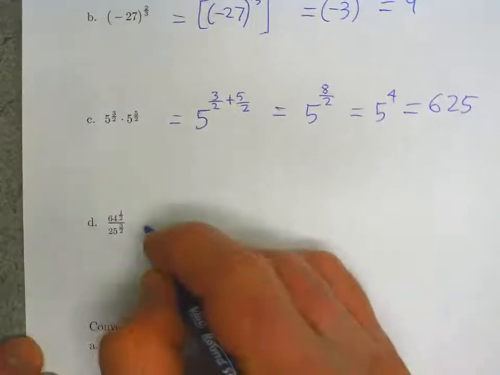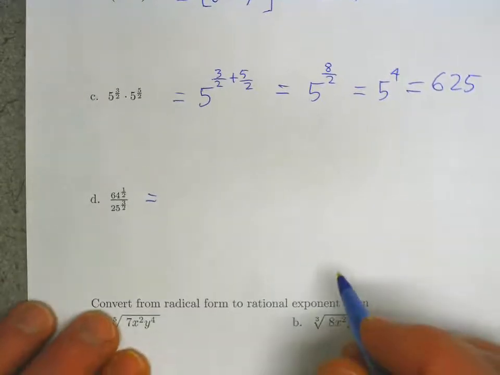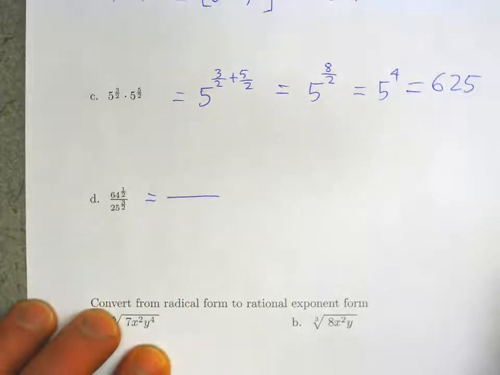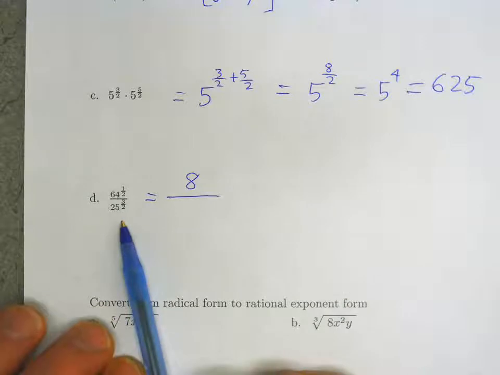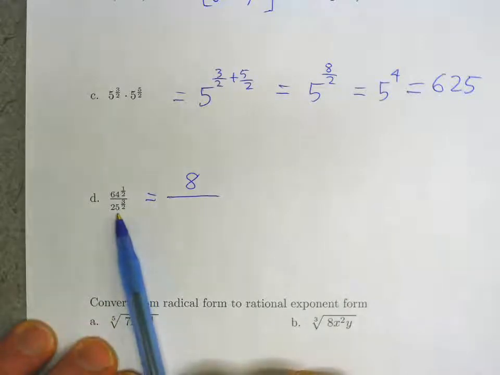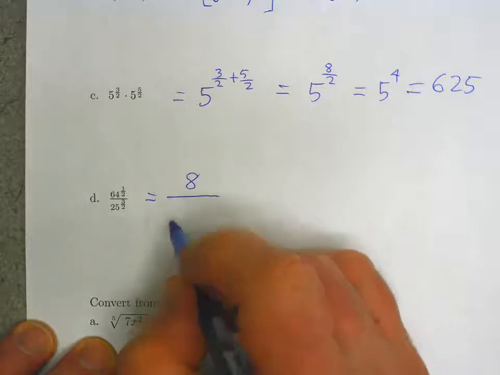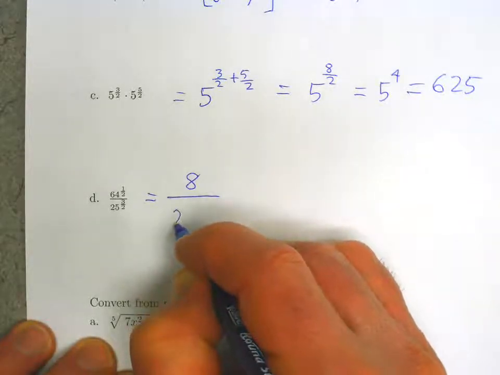Okay, the next one. Well, in the numerator, 64 to the 1/2, that just means the square root of 64, which is 8. In the denominator, we have 25 to the 3/2. So the denominator of the exponent is 2.